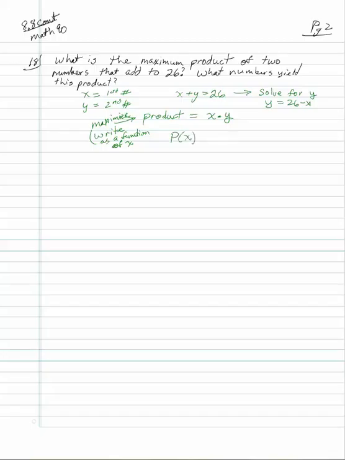The product as a function of x is going to be x times 26 minus x. So it's 26x minus x squared. Pretty similar to the one we just did.